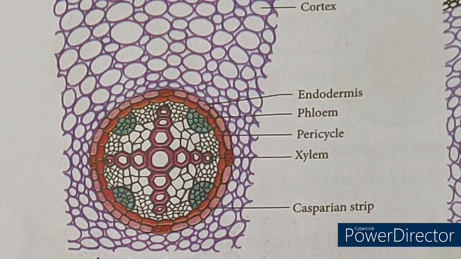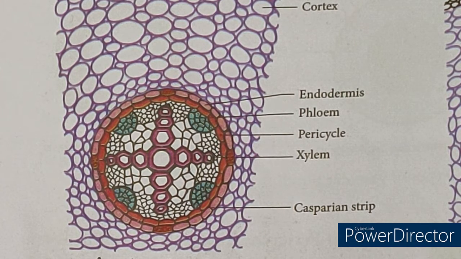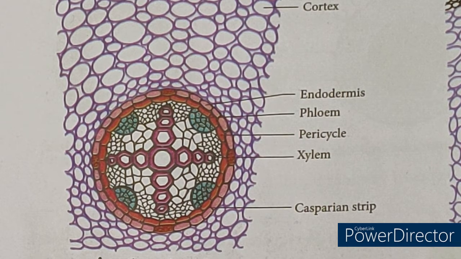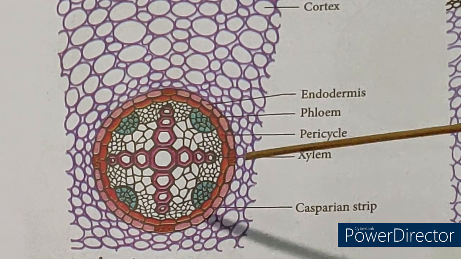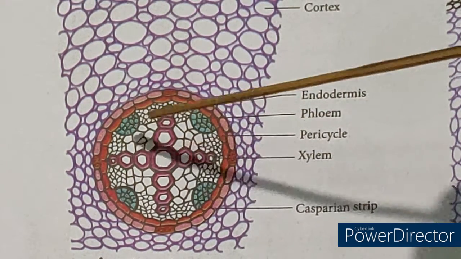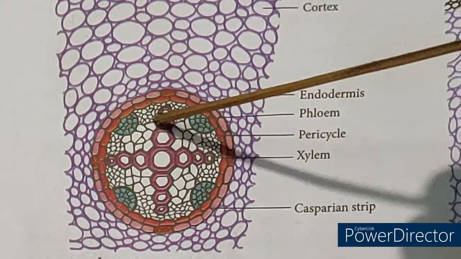Right. With regard to vascular bundle, in dicot roots the vascular bundles are radial in nature. They are exarch and tetrarch. Exarch we have learned before, where you come across metaxylem at the center and protoxylem towards the periphery. This condition is known as exarch.